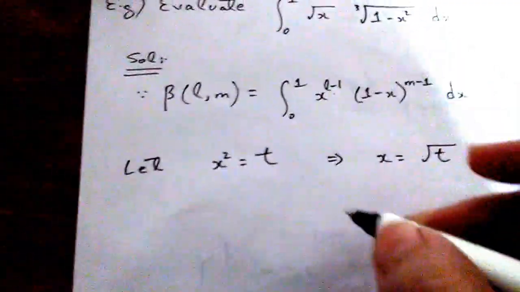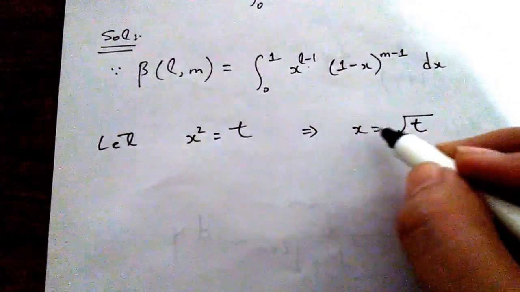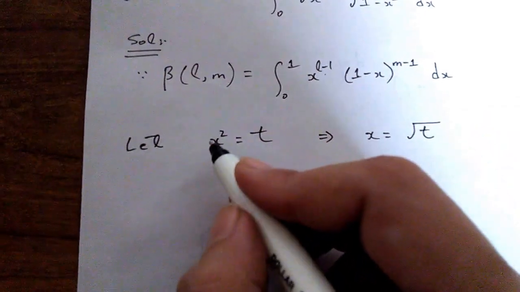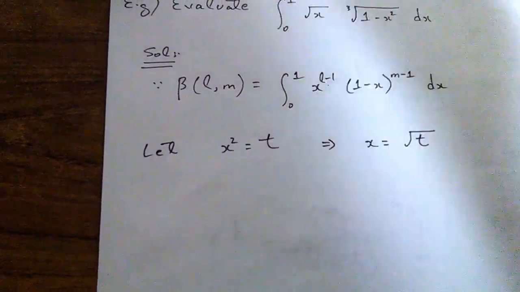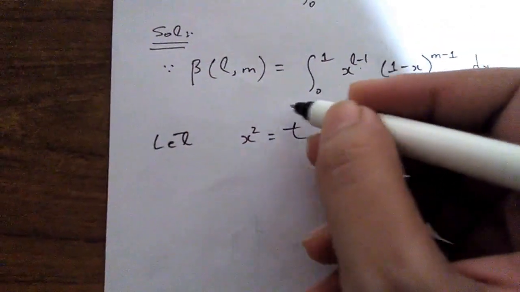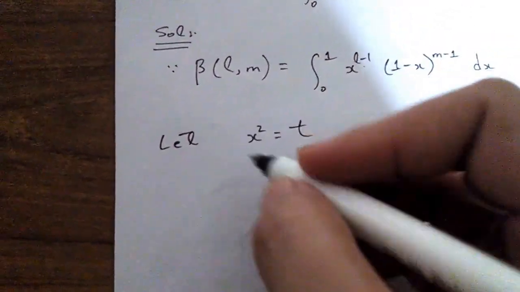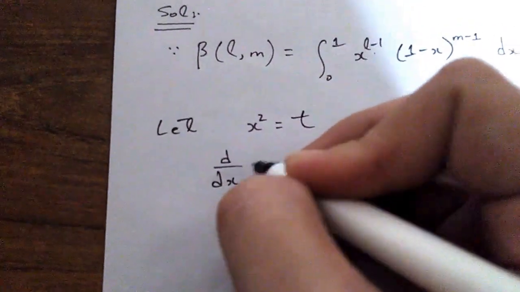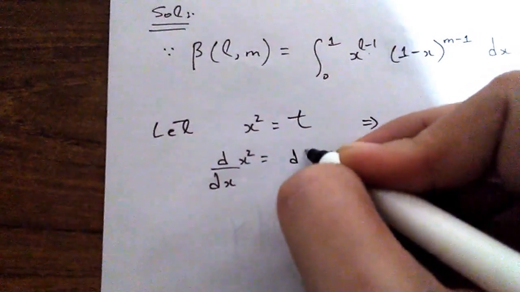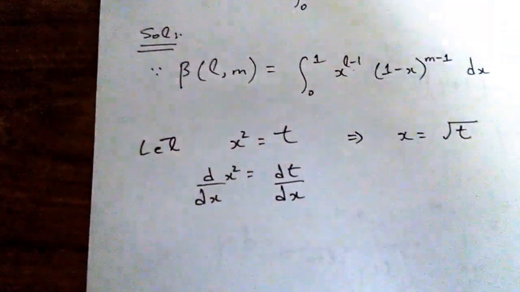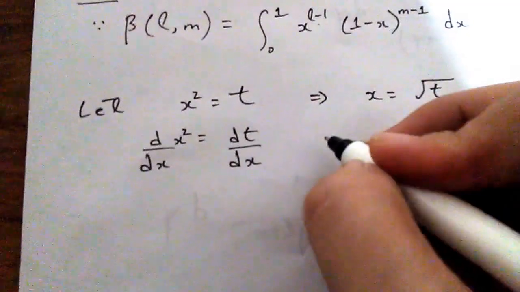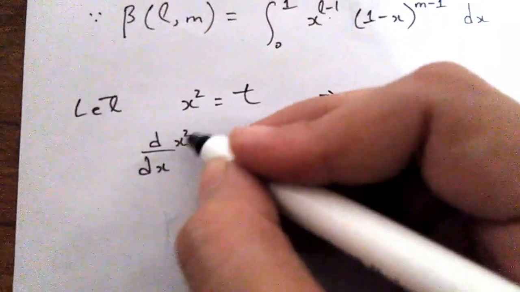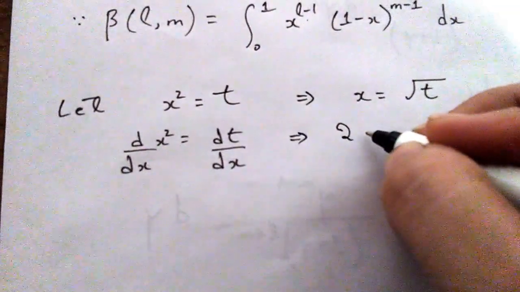Now you can differentiate this equation on both sides with respect to x in order to get your dx. It is your choice. I'm differentiating this equation with respect to x on both sides. Just apply the formula for the derivative of x to the power n. It is n times x to the power n minus 1.